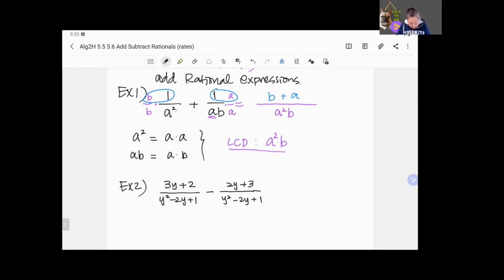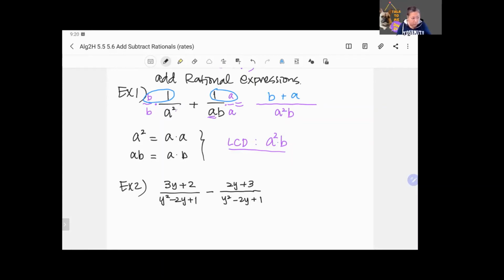Okay, I guess it's up to you. You can factor the denominators first because they are obviously factorable. But for this case, we can go ahead and execute subtraction first. Why? Because the denominators are already the same, right?